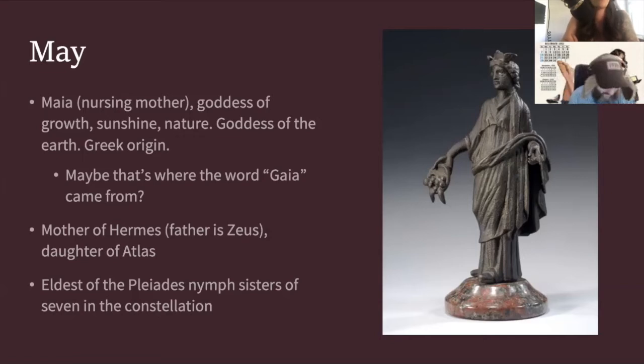Yep, and she was the eldest of the Pleiades nymph sisters of seven. I'm probably saying this completely wrong. Pleiades, it's a constellation, and there's seven stars in that constellation, and she's the eldest sister.